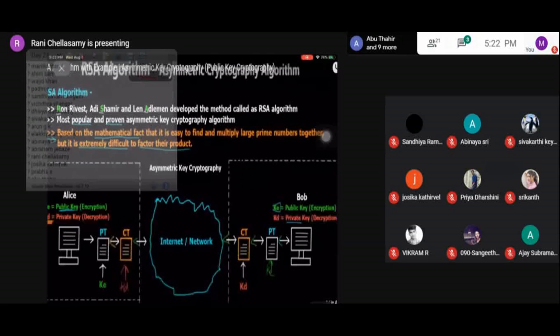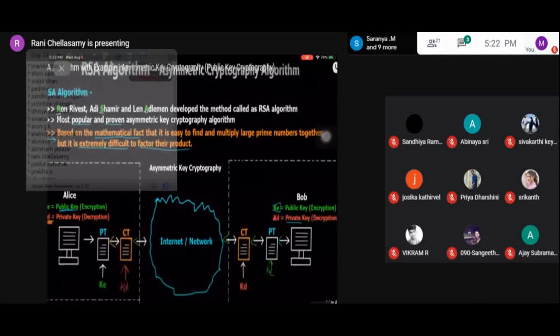Then that CT is passed on to the internet, and on the other side, Bob receives the ciphertext. He uses the private key, KD, for decryption, and with KD and the ciphertext, he decrypts and gets the original plain text again.